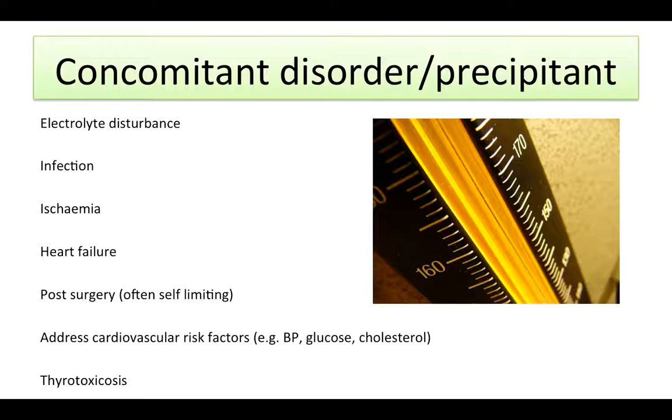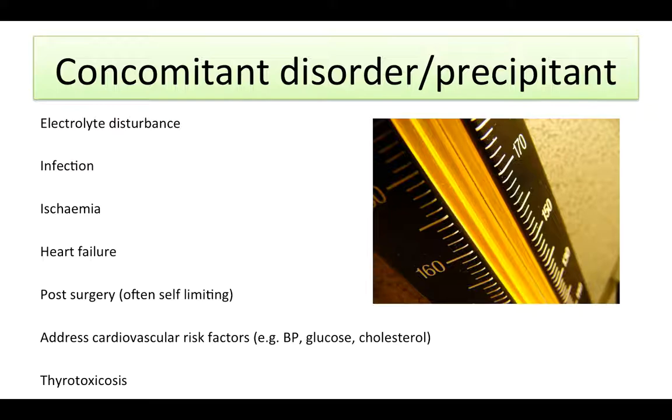Similarly, they may have ischemia, be having a myocardial infarction with associated atrial fibrillation, so you'd want to address and treat that. They may have concomitant heart failure, so you'd need to assess that. If they've got fluid overload, make sure you put them on diuretics to maintain normal fluid status, and treat their heart failure appropriately.